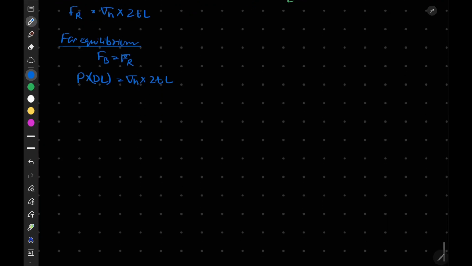So we will obtain sigma H is equal to PD by 2T, and this stress is tensile in nature.